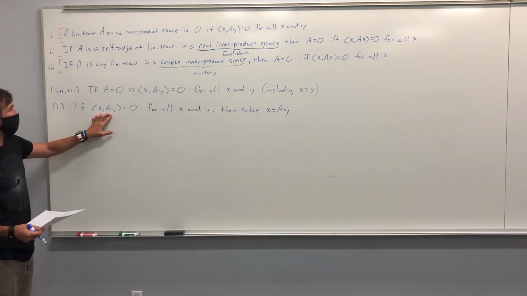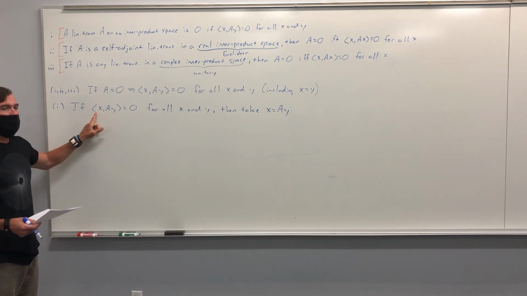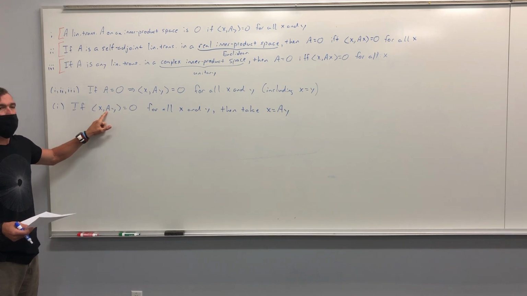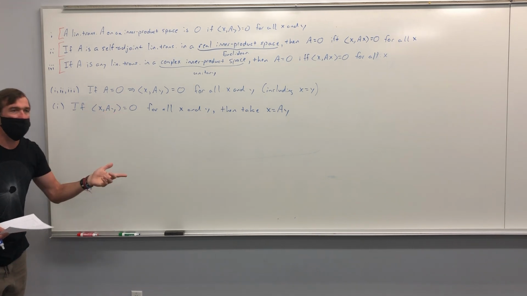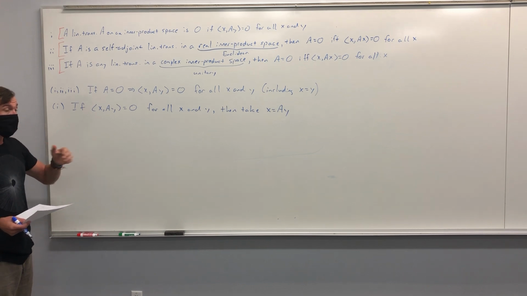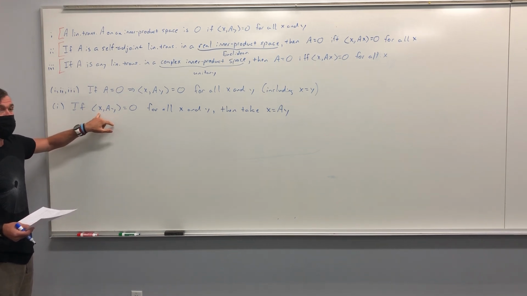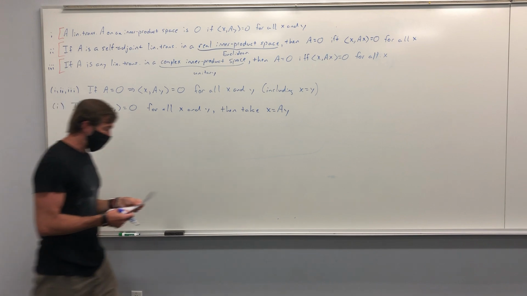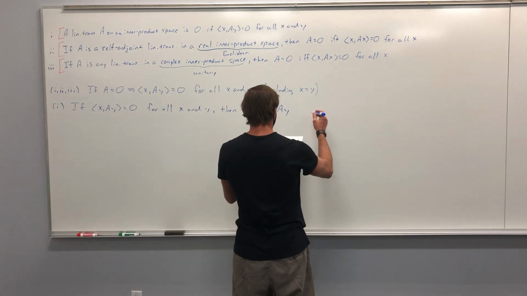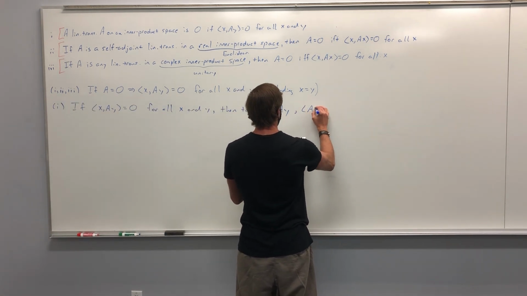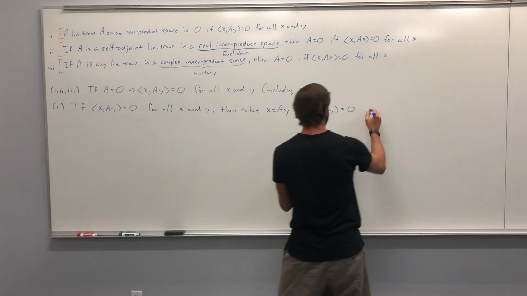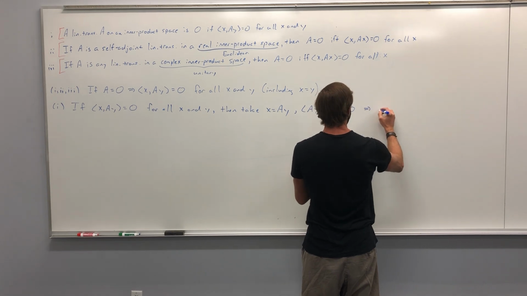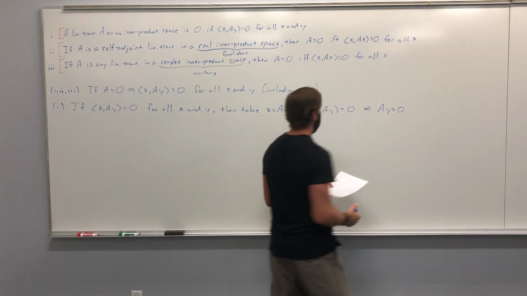We can just say if this is true for all x and y, I can pick the x that I get when I act on a y with the transformation A. Remember that acting on a vector with a linear transformation gives you back another vector in the same space. So I'm just going to pick the special combination that x is Ay, in which case we now have <Ay, Ay> equals 0. This implies that Ay equals 0.